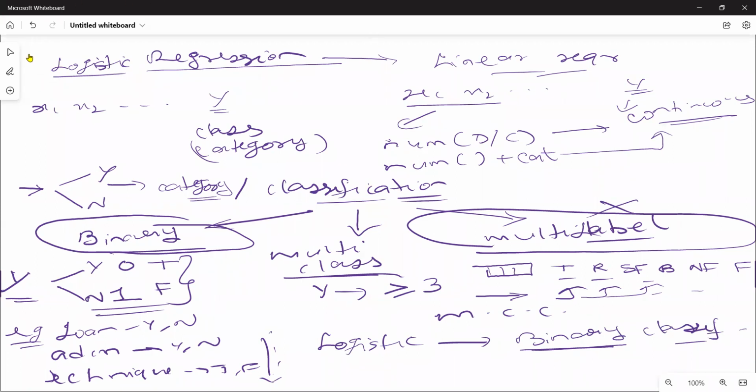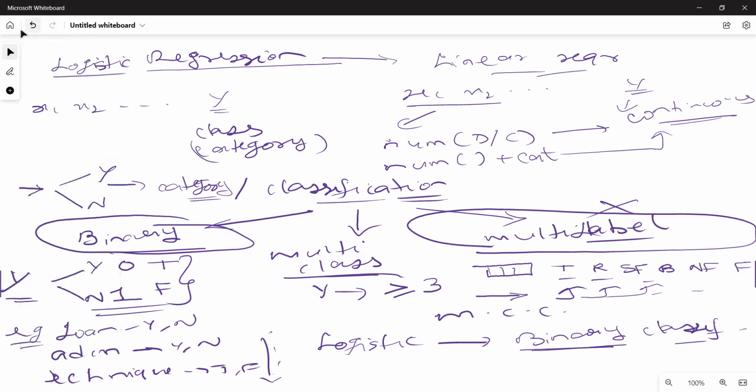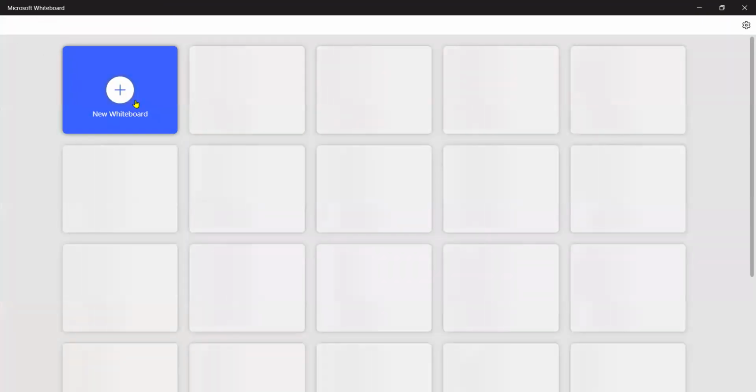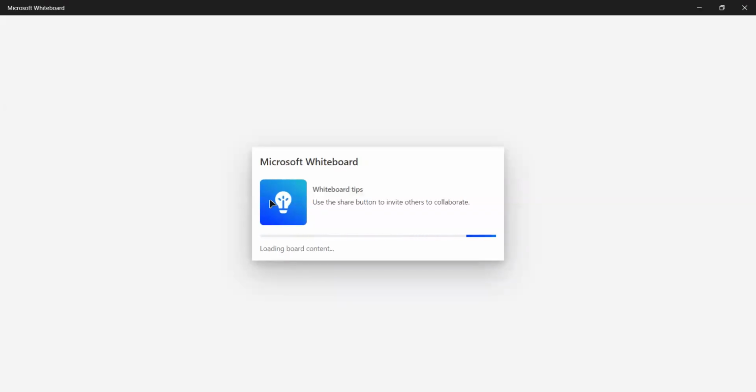Is the introduction part clear to everyone? Yes. Okay. Now let us talk about the data types. So data in a logistic regression.